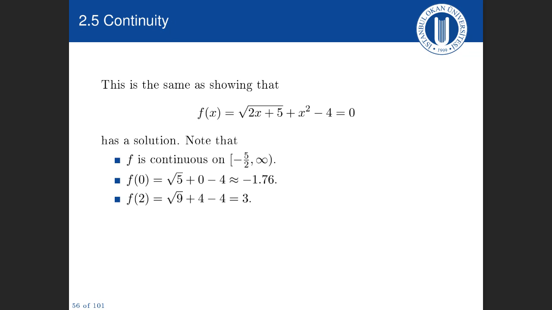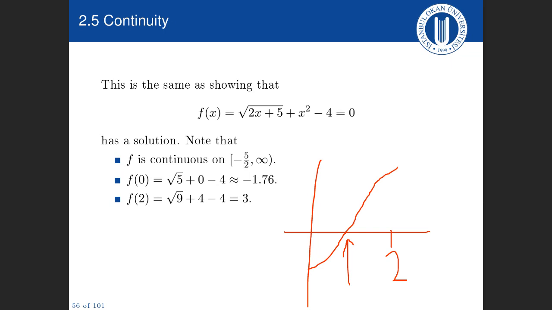What can we say about this function f? F is continuous between minus 5 over 2 and infinity. F of 0 is equal to minus 1.76, a negative number, and f of 2 is equal to 3, a positive number. So just as we had before, somewhere between 0 and 2, f must cross the x-axis.